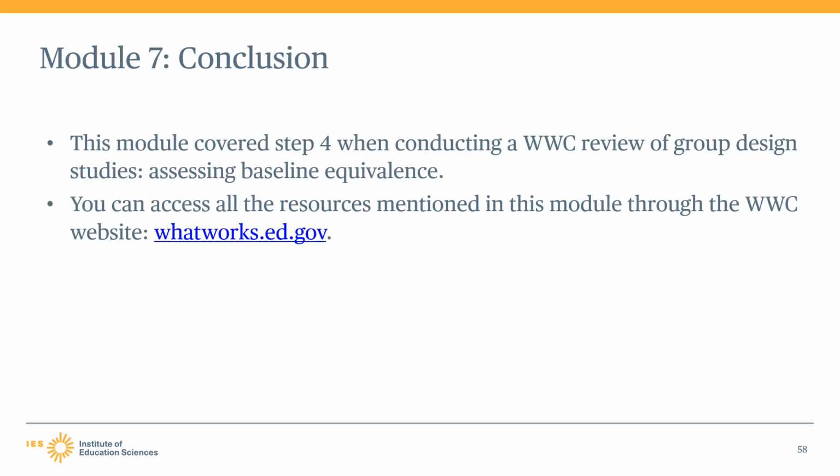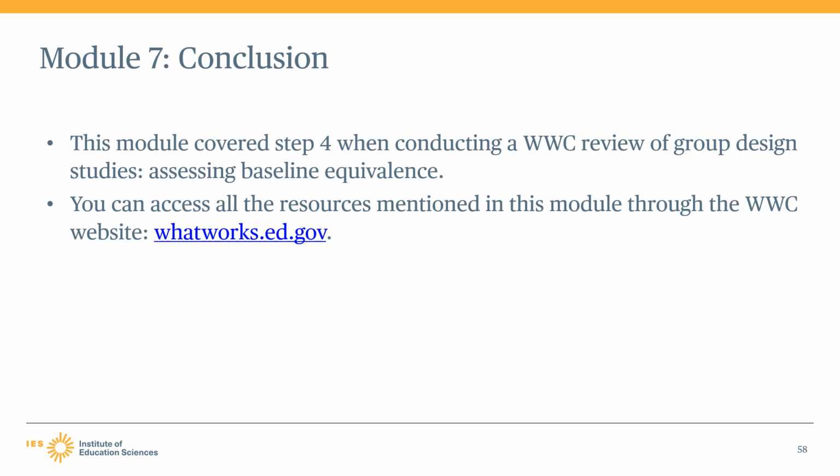This concludes the 7th module in the WWC Group Design Standards training. Let's review what we covered in this module. We discussed the 4th step in the WWC review process for group design studies, which is assessing baseline equivalence. We defined baseline equivalence and explained why the WWC cares about it.